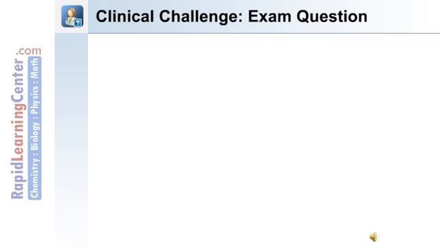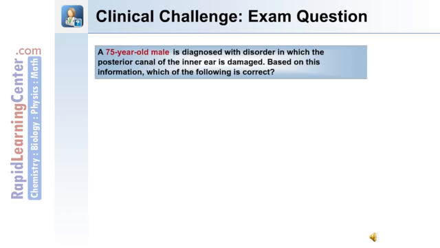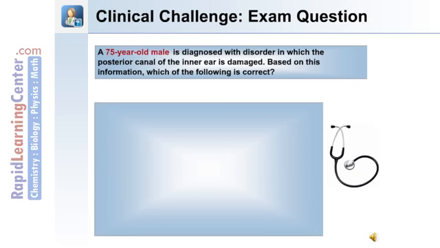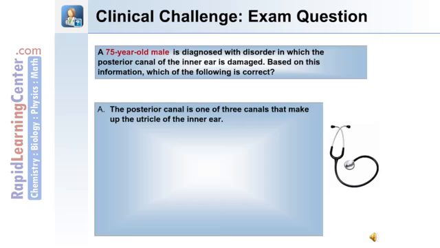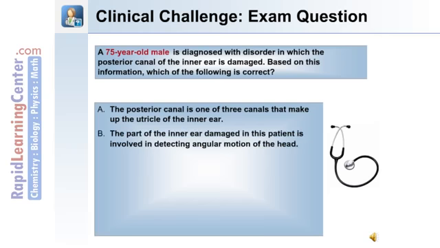Here's another clinical challenge exam question. A 75-year-old male is diagnosed with a disorder in which the posterior canal of his inner ear is damaged. Based on this information, which of the following is correct? A. The posterior canal is one of three canals that make up the utricle of the inner ear. B. The part of the inner ear damaged in this patient is involved in detecting angular motion of the head.